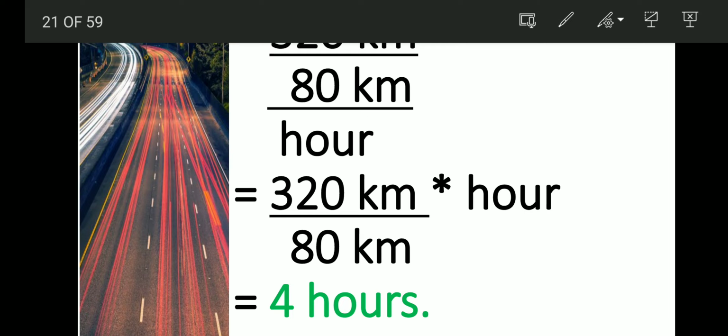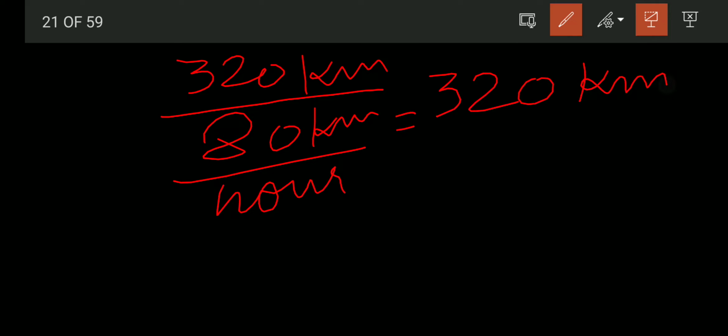I'll show you the calculation. See here. 320 km by 80 km per hour. This is the speed. So what happens? 320 km by 80 km as it is.